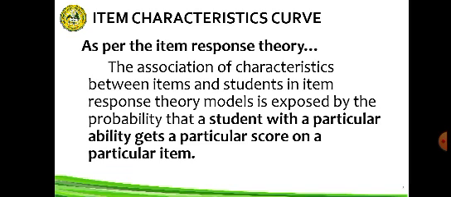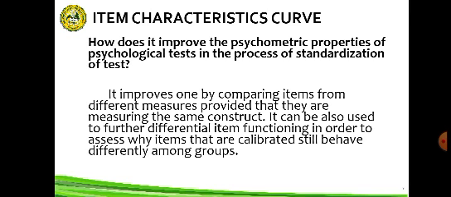In this curve, the ability level of an individual should correspond to the item difficulty, meaning an ICC is a function that shows the relationship between ability and the probability of answering an item correctly in a test. Next is how it will improve the psychometric properties of psychological tests in the process of its standardization.